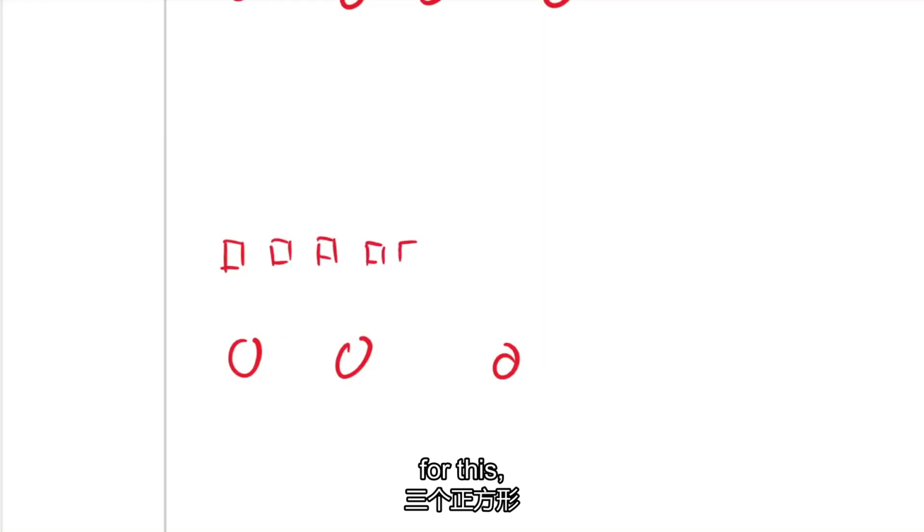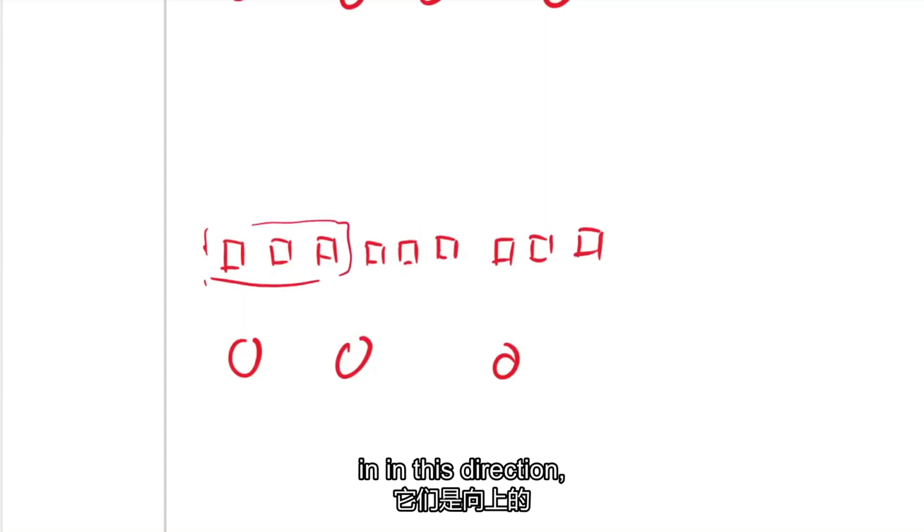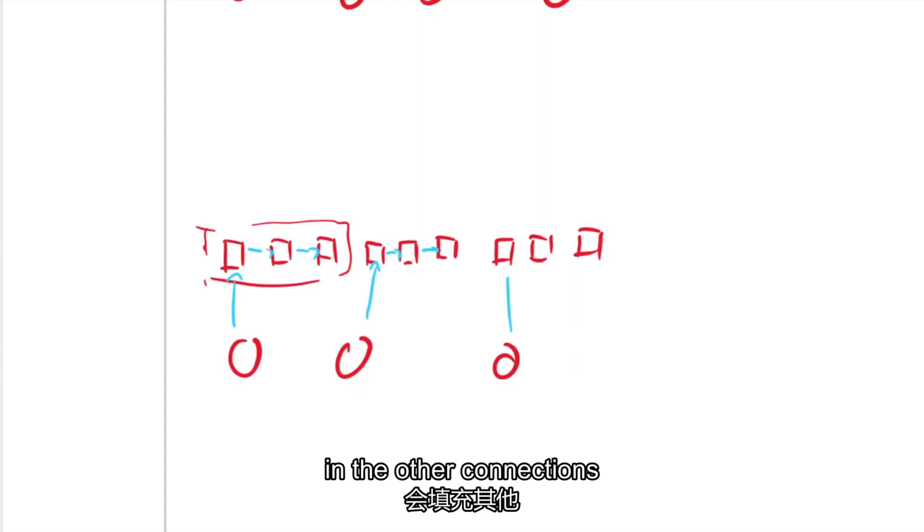Here, 3 squares for this, 3 squares for this, and 3 squares for this, representing the 3 layers. So before, these were in this direction, they were up, but now I've tilted them to the right. And with the way the memory is built, the information flows like this, and like this, and like this, and here, like this, like this, like this. We'll fill in the other connections shortly.